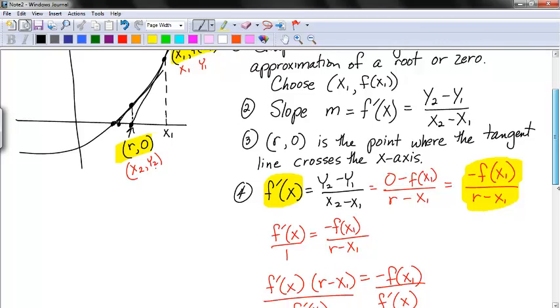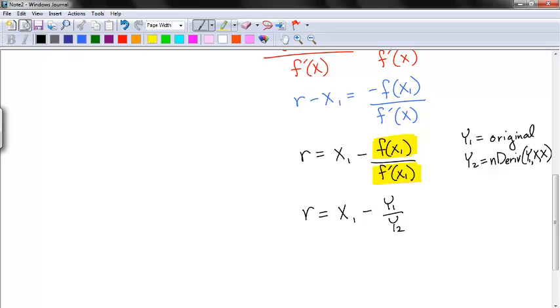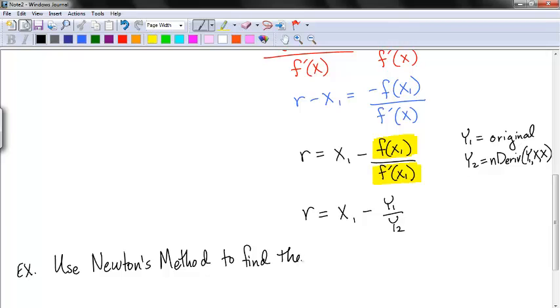Okay, so now let's look at an example. They will say use Newton's method, and we're going to add that formula to your card here in a minute. Use Newton's method to find the zeros.